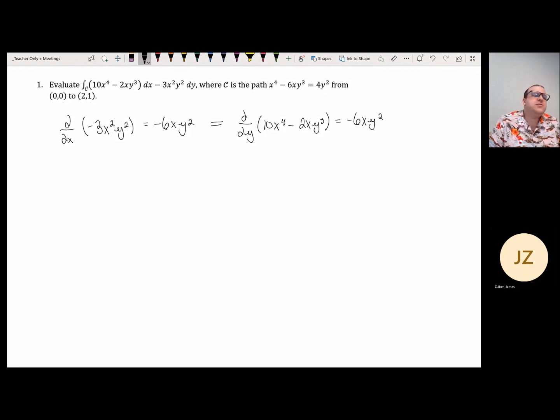So you have your choice. You can either try and parameterize that path, or you can pick another path that goes from 0, 0 to 2, 1.